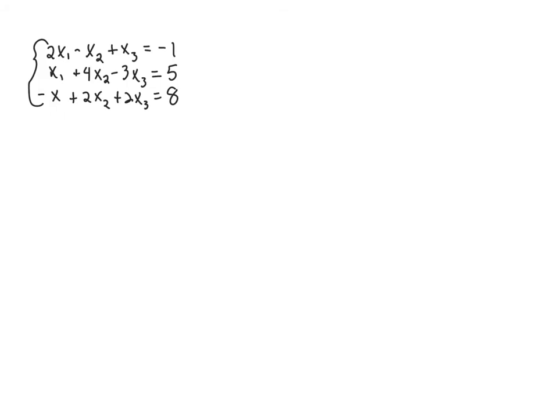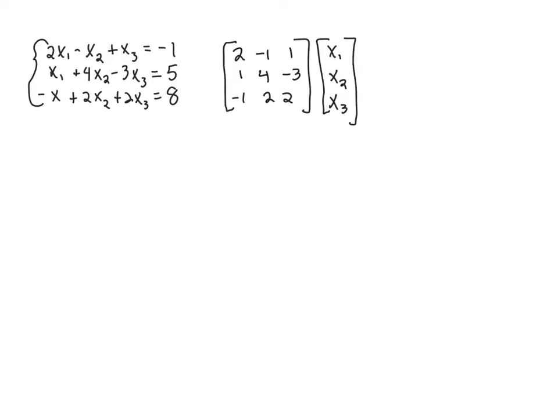So in a system like this, if you want to use matrices to solve, then you can look at the coefficient matrix 2, -1, 1, 1, 4, -3, -1, 2, 2, and then multiply the coefficient matrix by the column matrix x1, x2, x3.